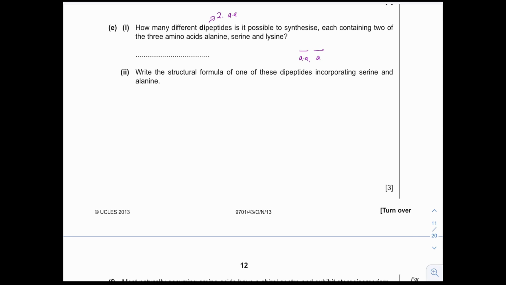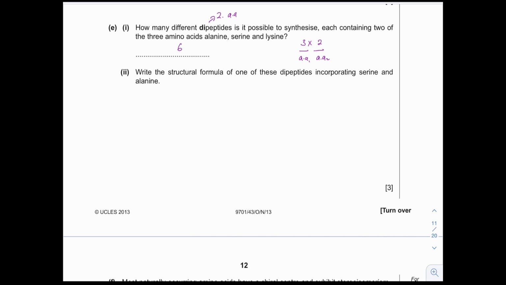This is your amino acid 1, and this is your amino acid 2. Since we have 3 amino acids, there will be 3 possibilities for the first place, leaving 2 for the second. Therefore, it is 3 times 2 equals 6.